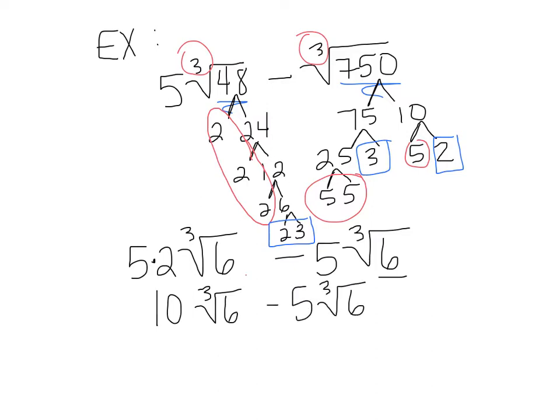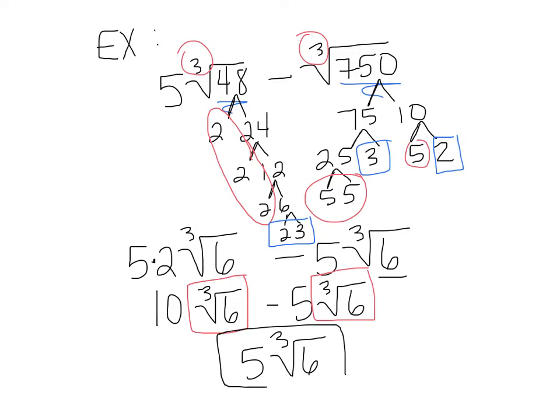Now it's like terms with matching indices and radicands, which is what has to happen when you add and subtract. I put those together for 5 cube roots of 6. 10 minus 5 gave me that 5 out in front. They're like terms, so we have cube roots of 6.